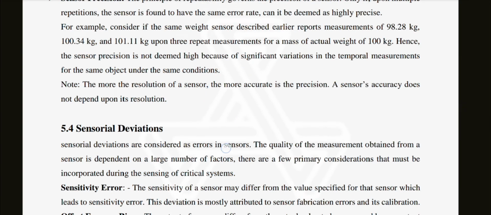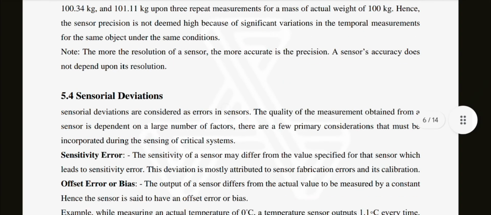Hence, the sensor precision is not deemed high because of the significant variations in the temporal measurement of the same object under the same conditions. Note, the more the resolution of the sensor, the more accurate the precision. The sensor's accuracy does not depend upon its resolution.